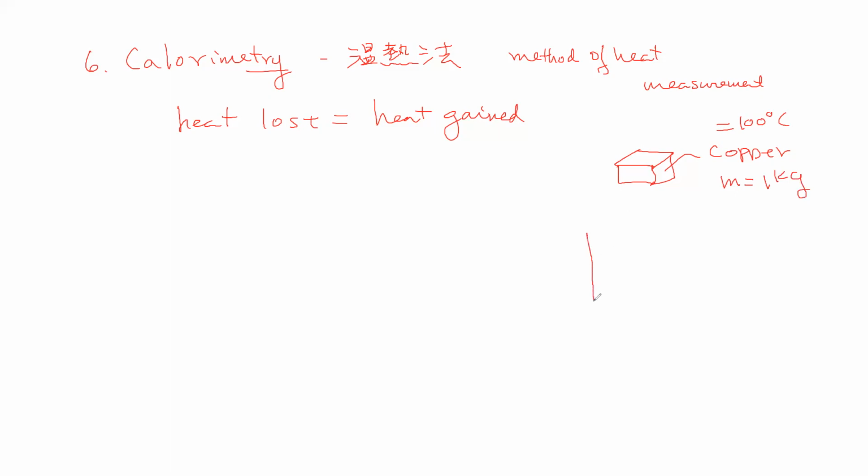And if you put it into a container of water, and let's say the temperature of water, T1, is equal to 20 degrees C, and the M1 is equal to 1 kilogram also. And now you have the C1 here, which is 4186 joule per kg degree C. And then you have T2 and M2 for the copper, and then you have C2, which is whatever you can find in the table.